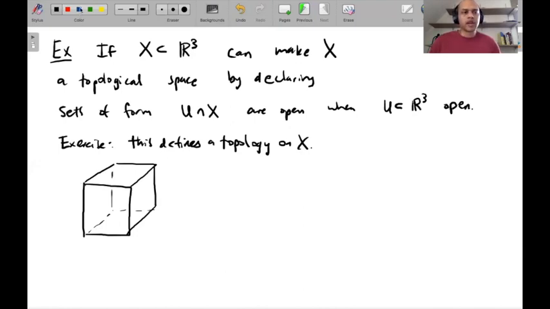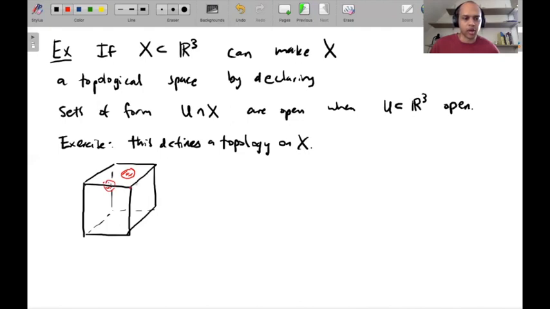Well, one way to get an open subset is to take an open ball and intersect it with X. And in this way, you can get like a little patch here, or you can get something sort of like this.